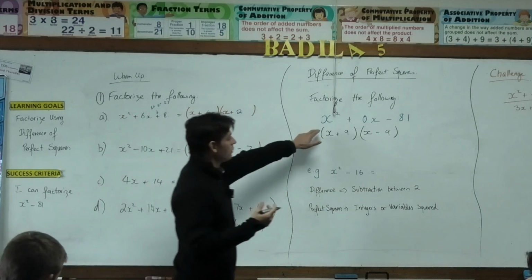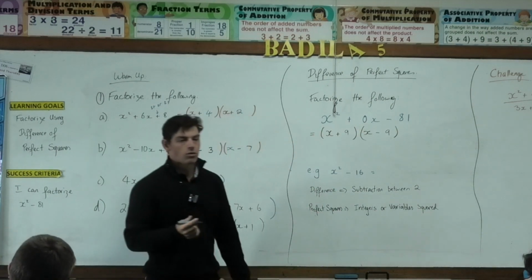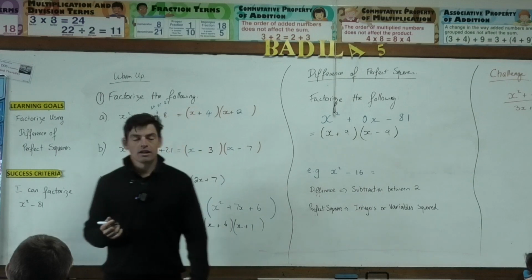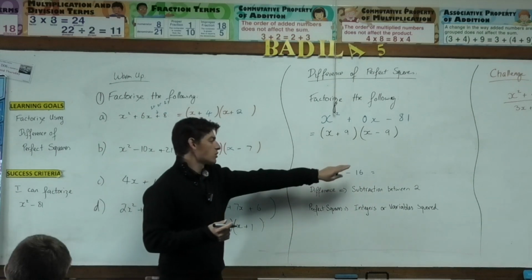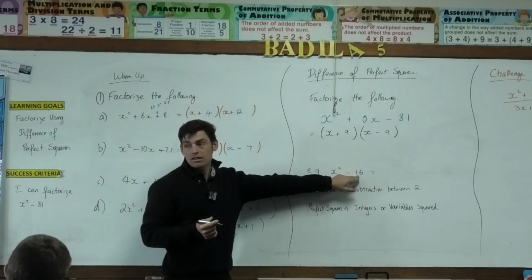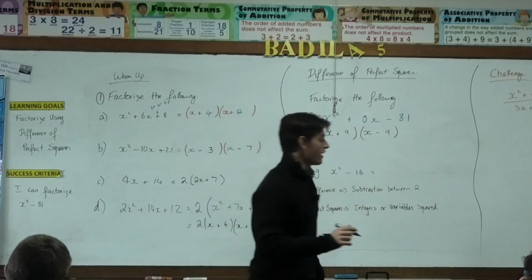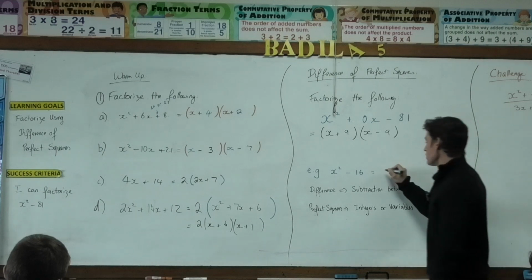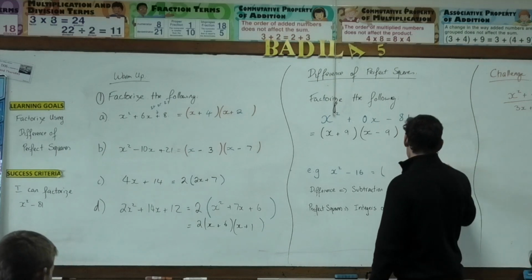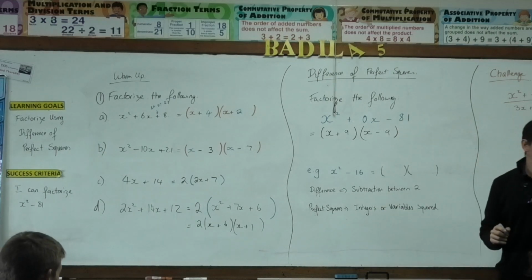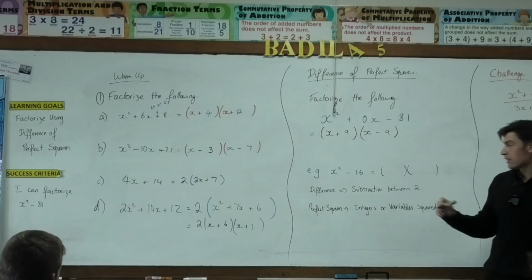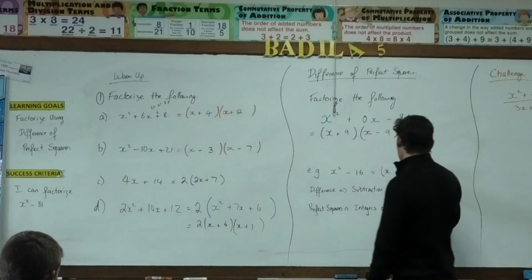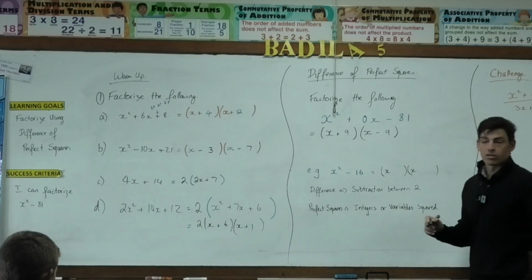Do they normally look like this? We normally write 0x. When we write that normally, instead of writing that, we might write something like x squared minus 16. So without doing any of the factorisation stuff that we just did, what do you think is going to be there? Two sets of brackets, correct? What's going to go first? X. What are the signs going to be?